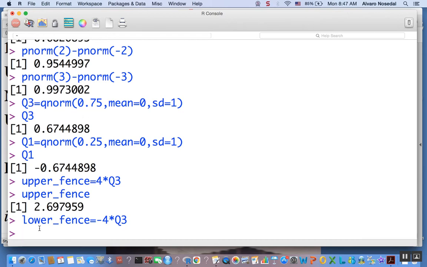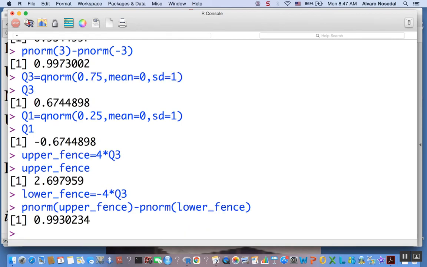So what we want is the proportion of observations between the upper fence and the lower fence. To do that we use something like this: pnorm of upper fence minus pnorm of lower fence.